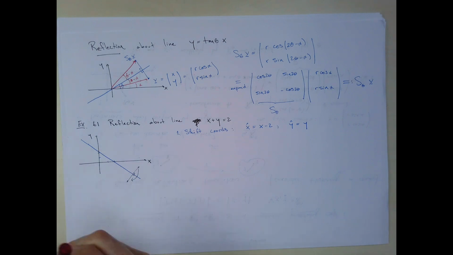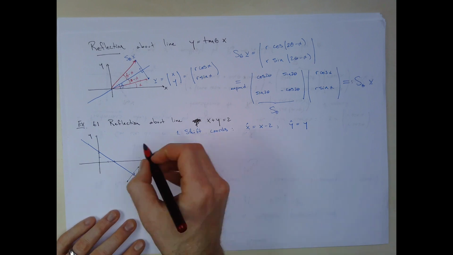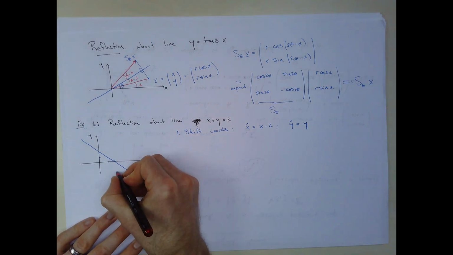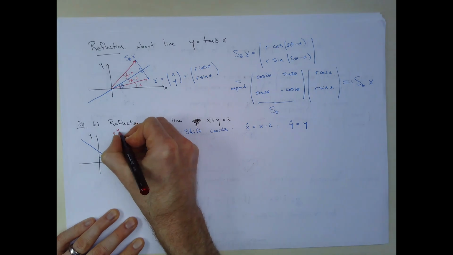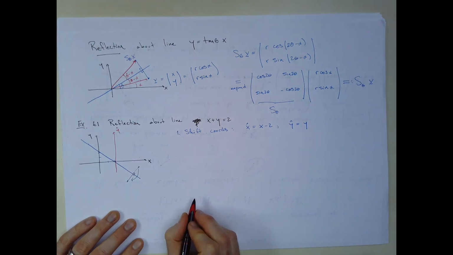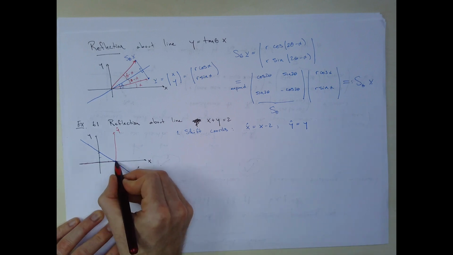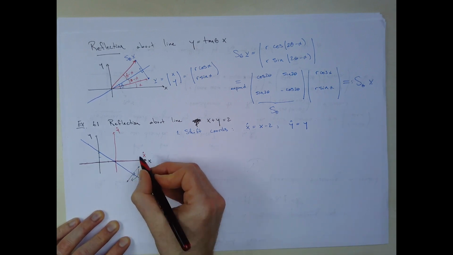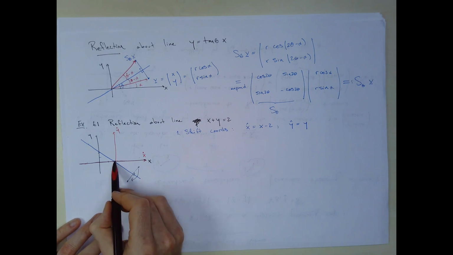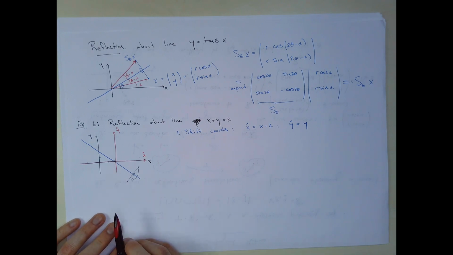So the picture is now, I'm defining a new coordinate system, which we'll draw in red. There's y hat, and x hat is still going that way, but now here's the origin. And in that new coordinate system, the line is through the origin.